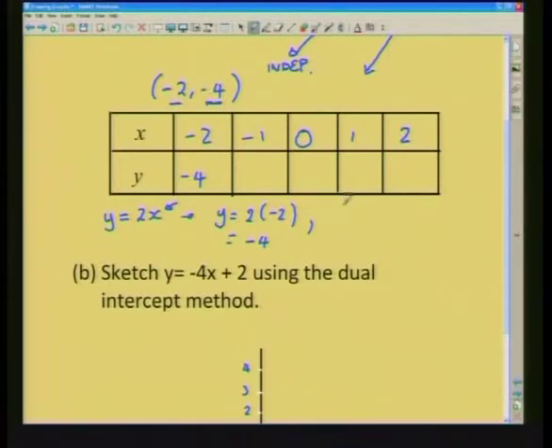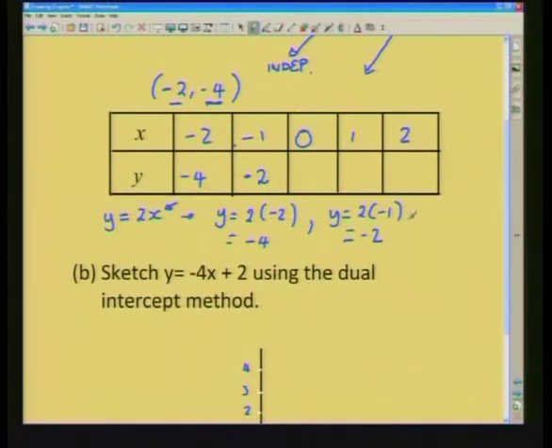Okay, let's find the y value when x has a value of minus 1. All I'm going to do is put minus 1 in place of x in the formula. 2 times minus 1 will give me minus 2. Therefore, when x is minus 1, my y value is minus 2.